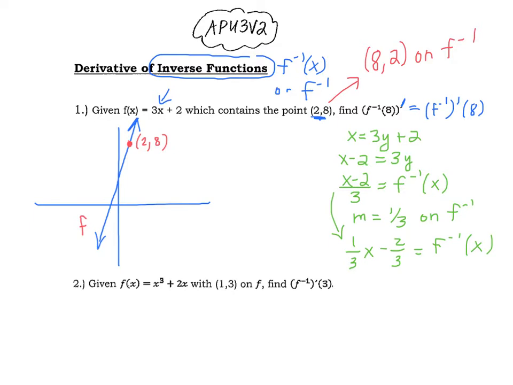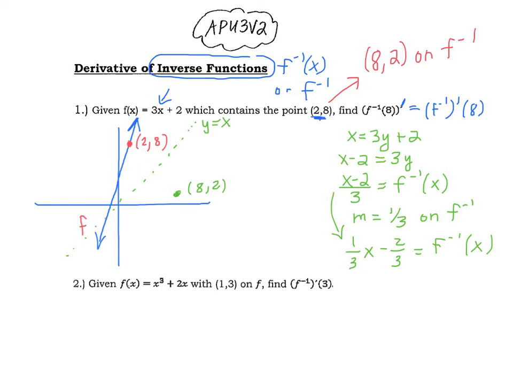Let's plot (8, 2), about here. And recall that if we are graphing an inverse and an original function, it's really going to be a reflection over the line y equals x. So if (2, 8) is on f, then (8, 2) is going to be on our inverse.